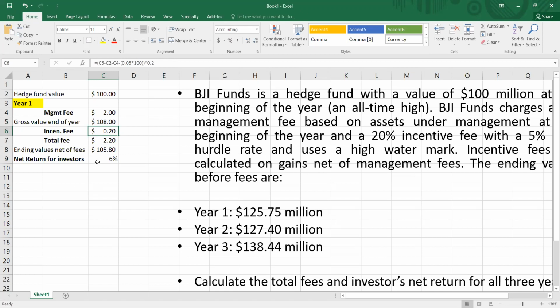You see, look at the percentage. Net return for investors is more than the hurdle, more than 5%. And this is my incentive fee for good work. So incentive fees are like a bonus, right?